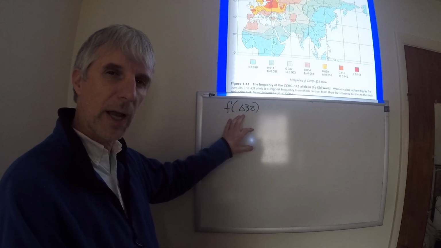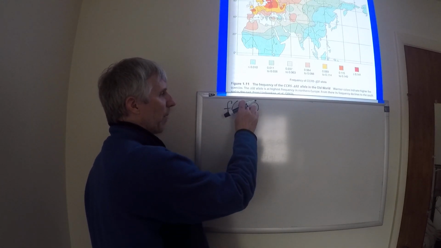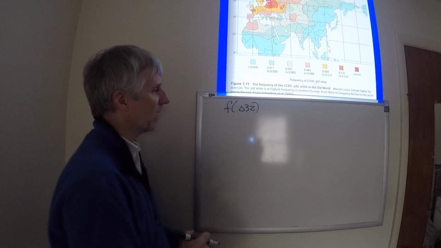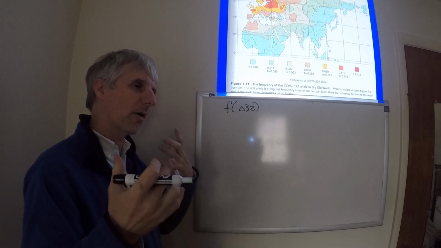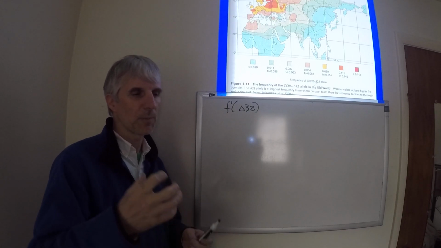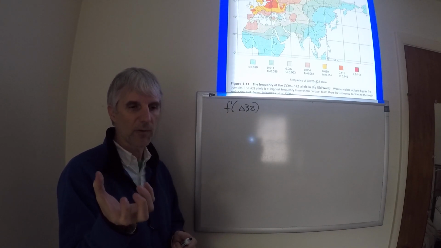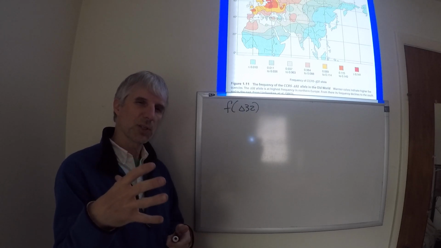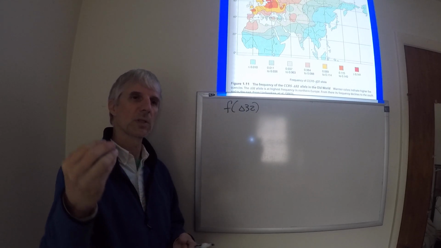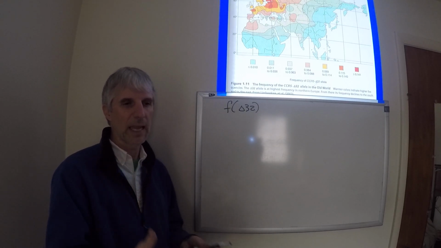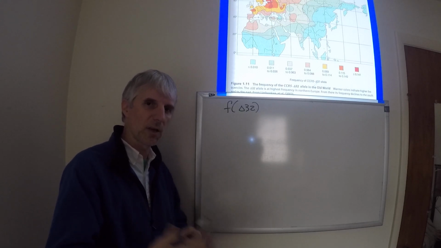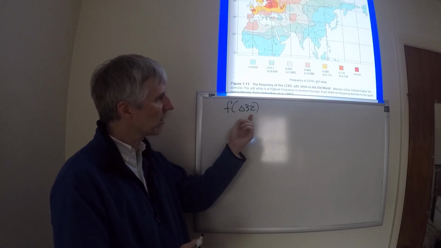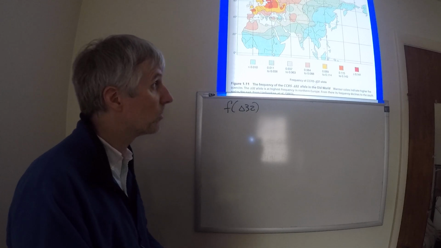And I may have forgotten to mention this, but it does link back to HIV. Individuals that have delta 32 alleles are immune to HIV. There's something about the CCR5 receptor. It's a different shape if you're delta 32, which means it's harder for HIV to gain access to those CD4 cells. If you can't get access to the CD4 cells, the virus can't have itself copied. So these individuals are going to be immune to HIV.